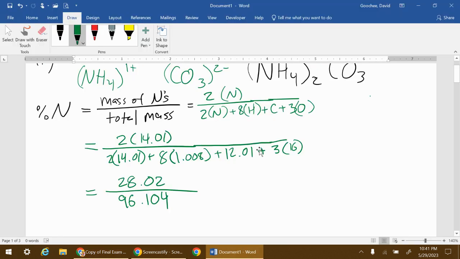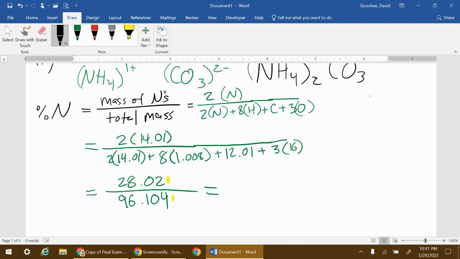So, here we go. The percentage of nitrogen in this compound is 28.02. That's the mass of all the nitrogens on top, divided by the total mass of the whole thing, 96.104.